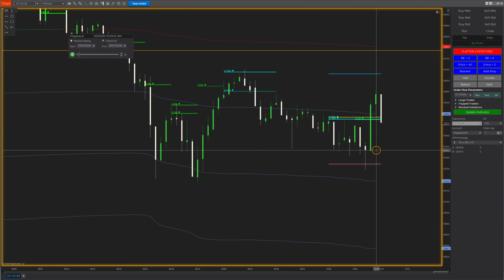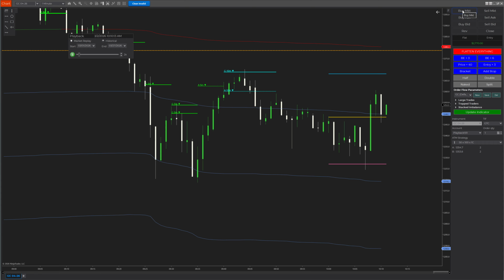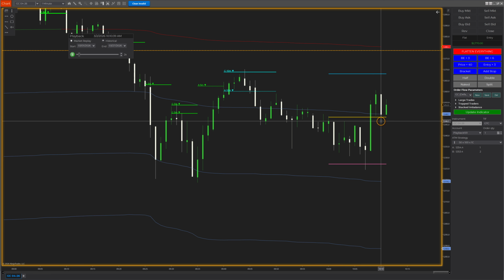Oh, interesting. See what happens here. Does that count? Oh, too much of a chicken. It's an odd wick to me. It's really more of a solid bar.